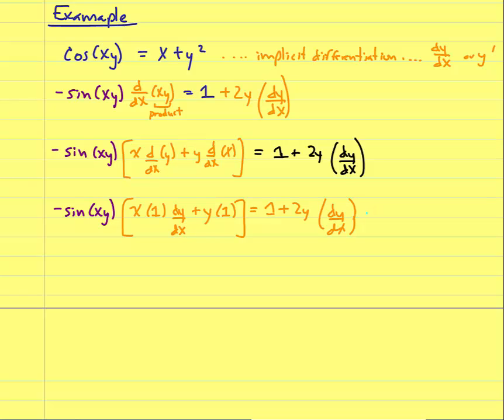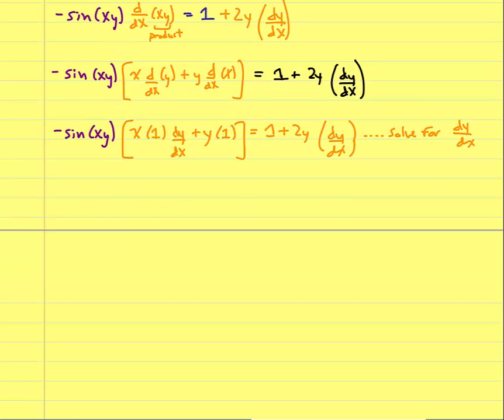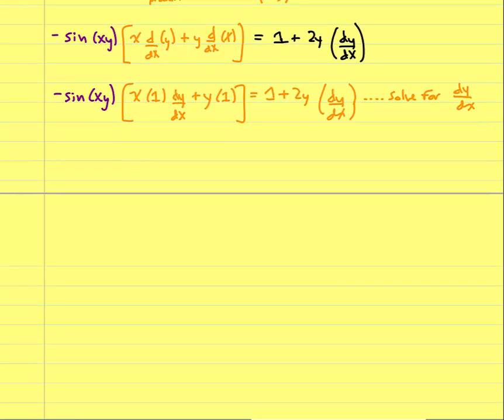Okay, so now I want to solve for dy/dx. Okay, so this will get your algebra skills going here. It looks like to me we need to take this negative sine(xy) and distribute it. So we're going to have negative sine(xy) times x dy/dx minus sine(xy) times y.